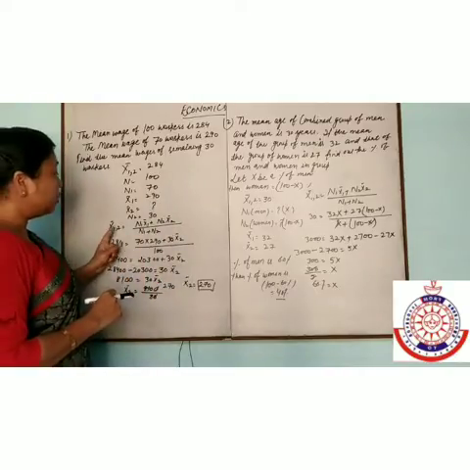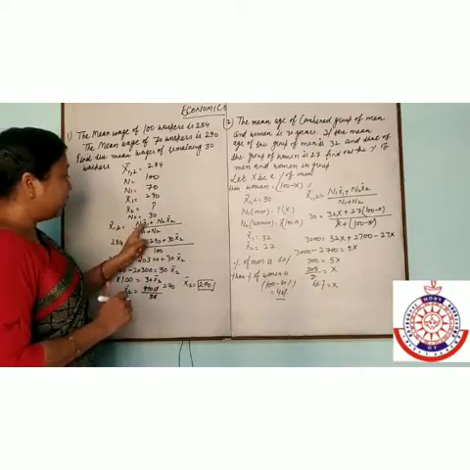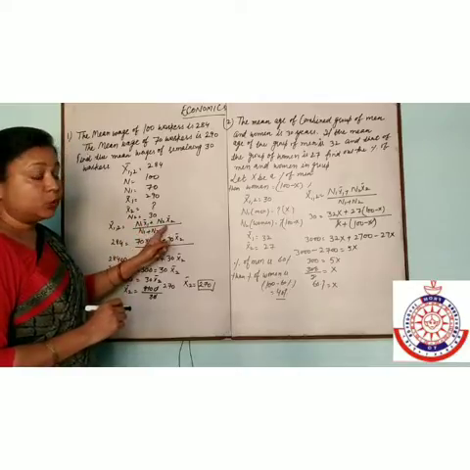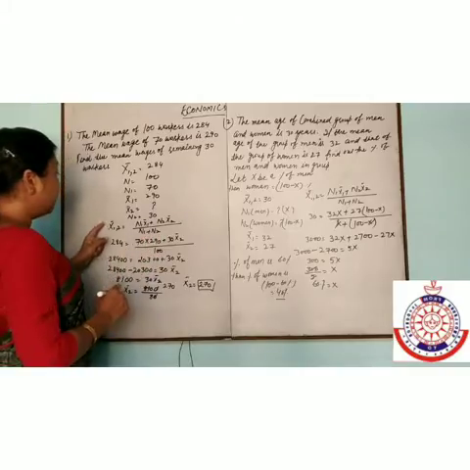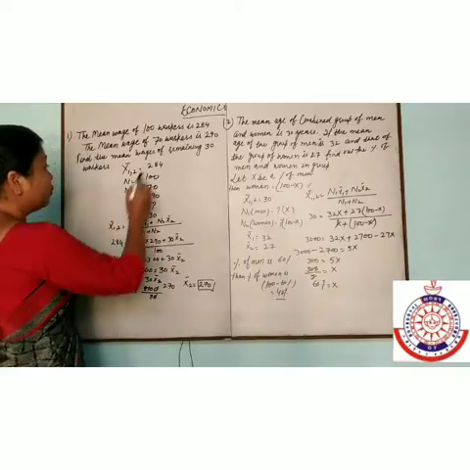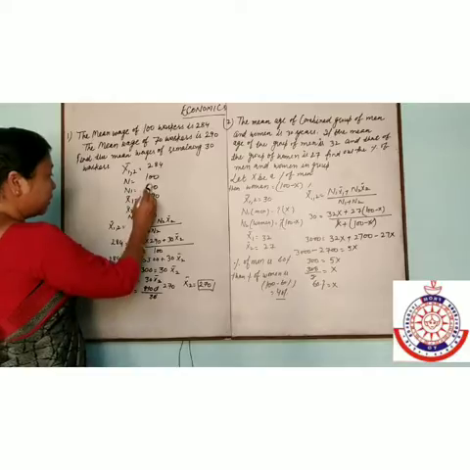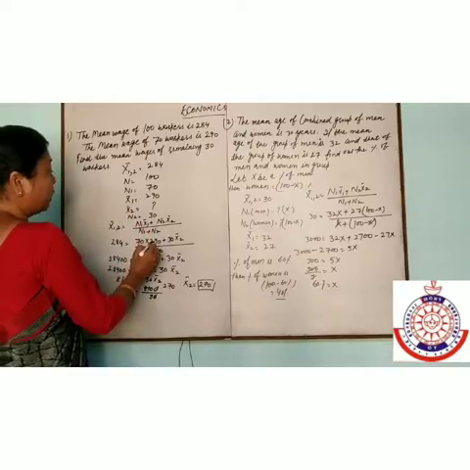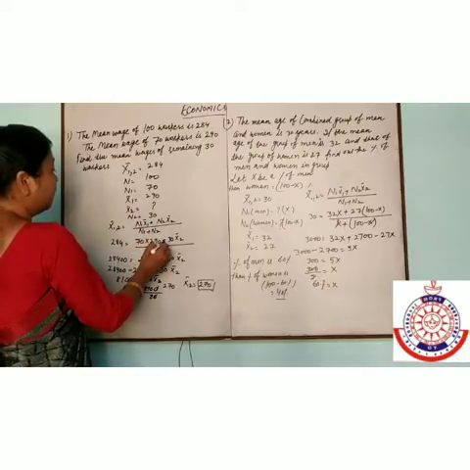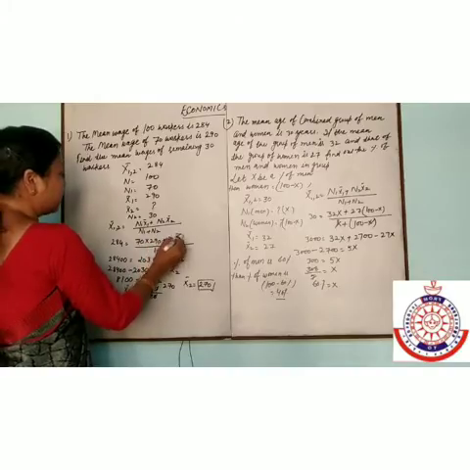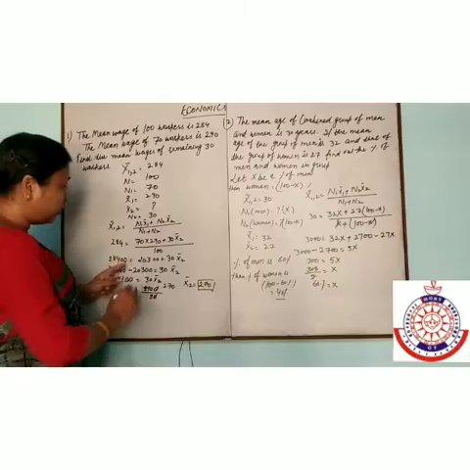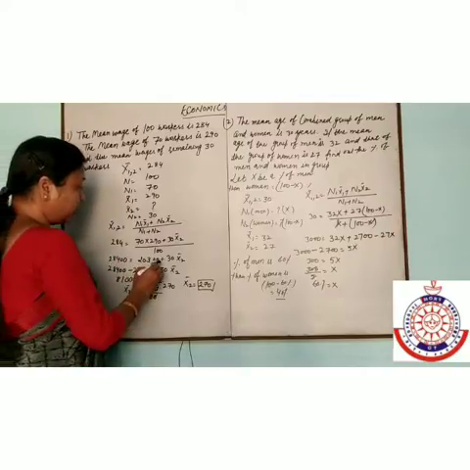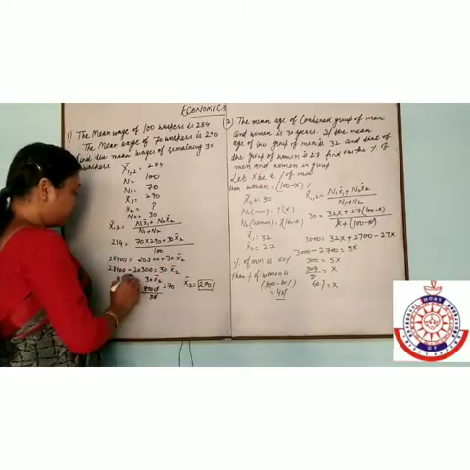So x bar 1 2 is equal to n1 x bar 1 plus n2 x bar 2 divided by n1 plus n2. Here x bar 1 2 is equal to 284, n1 is 70, x bar 1 is 290, plus n2 is 30, x bar 2, divided by 100. 28400 is equal to 20300 plus 30 x bar 2.